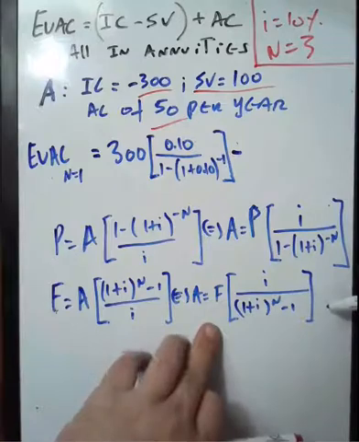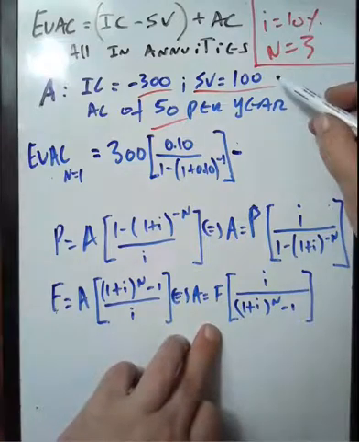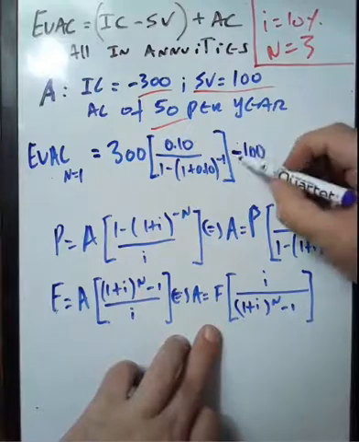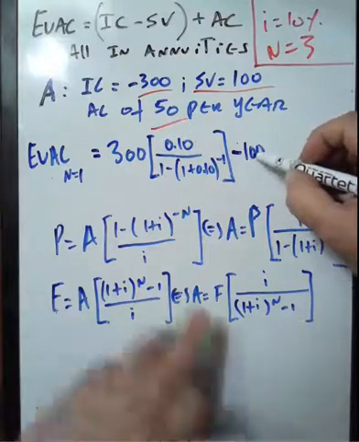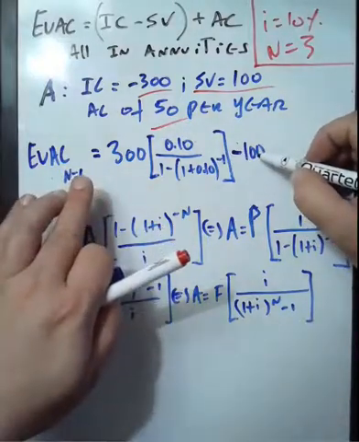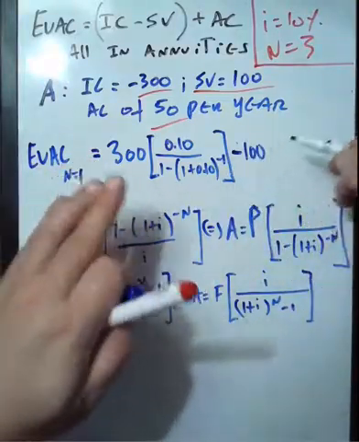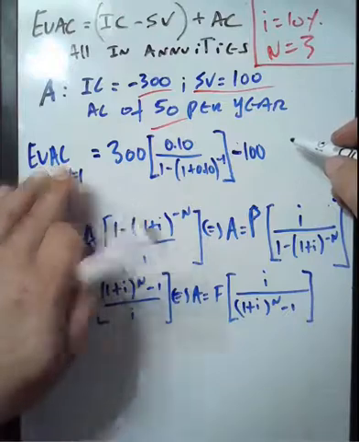So that's what I'm going to use to annualize those 100. So negative 100, because I'm offsetting the cost by getting a positive cash flow. Basically the signs here are reversed because we are focusing on costs.